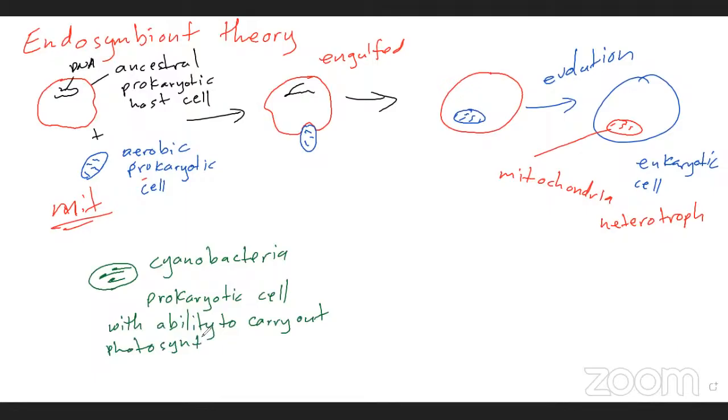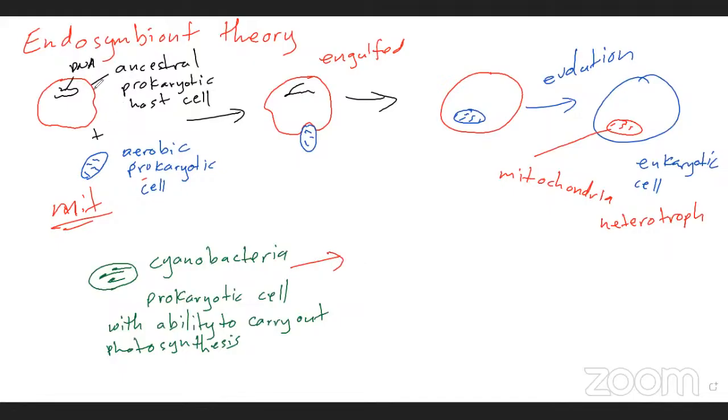Which organelle do you know that is responsible for photosynthesis? Plants. No, which organelle? Chloroplast. Right. So based on what I did for the mitochondria, what do you think is going to happen to this prokaryotic cell? It's going to engulf something that will look like a chloroplast.